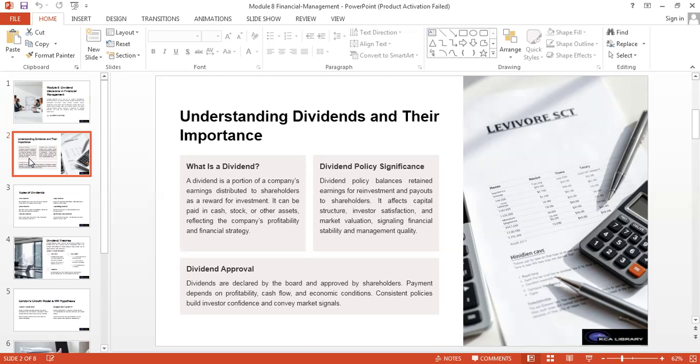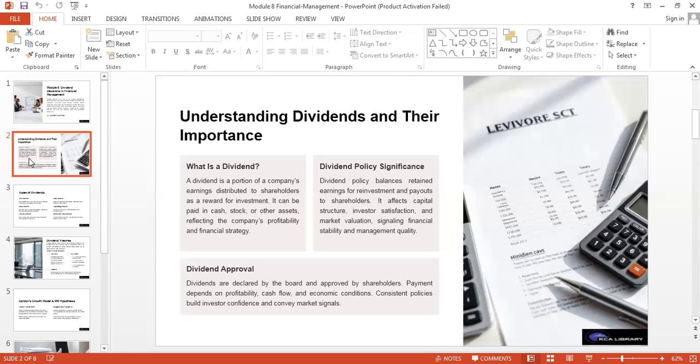Why is dividend policy significant? What's the importance of dividend policy? Dividend policy balances retained earnings for reinvestment and payouts to shareholders. It affects capital structure, investors' satisfaction, and market valuation, signaling financial stability and management quality.